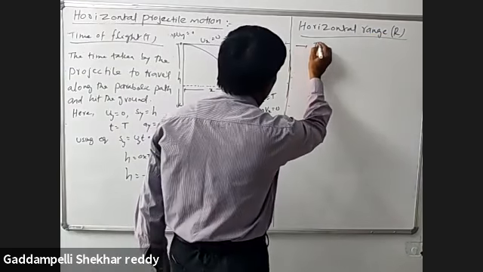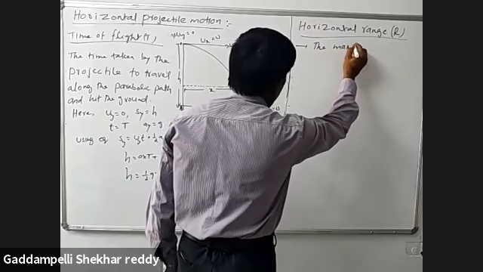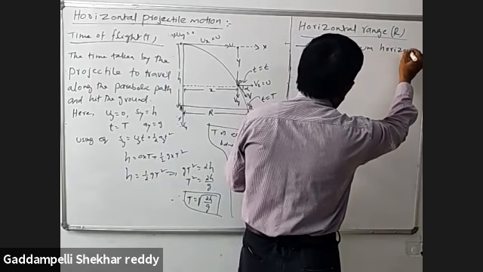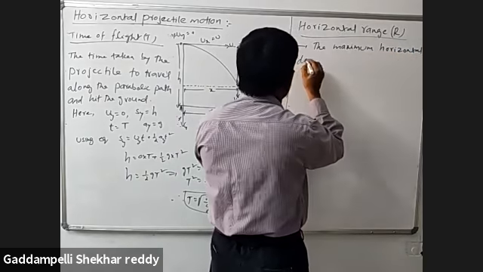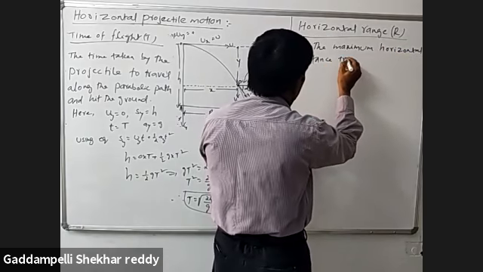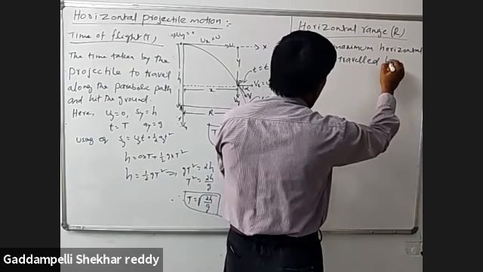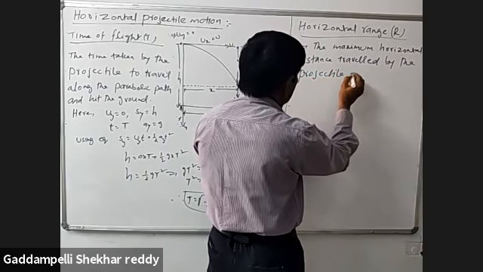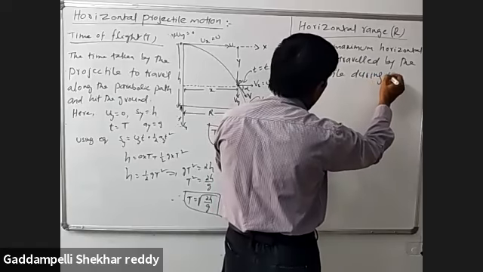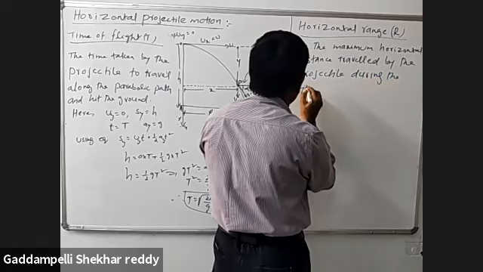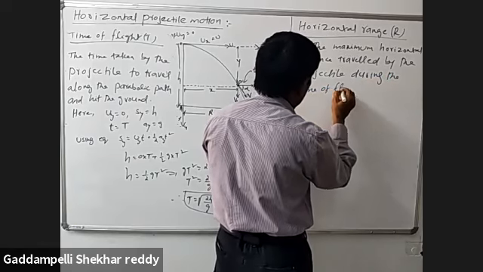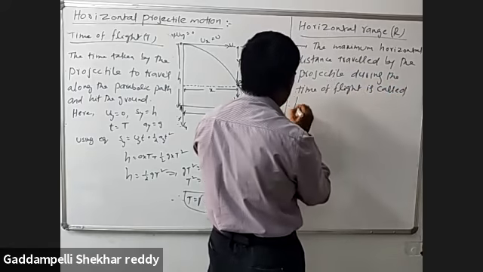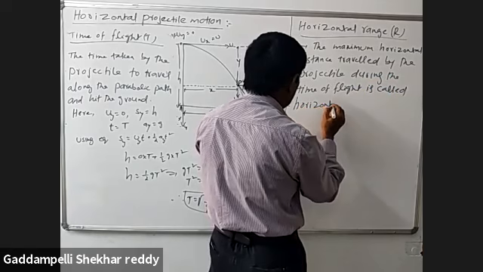That means we can define the maximum horizontal distance traveled by the projectile during the time of flight is called horizontal range.